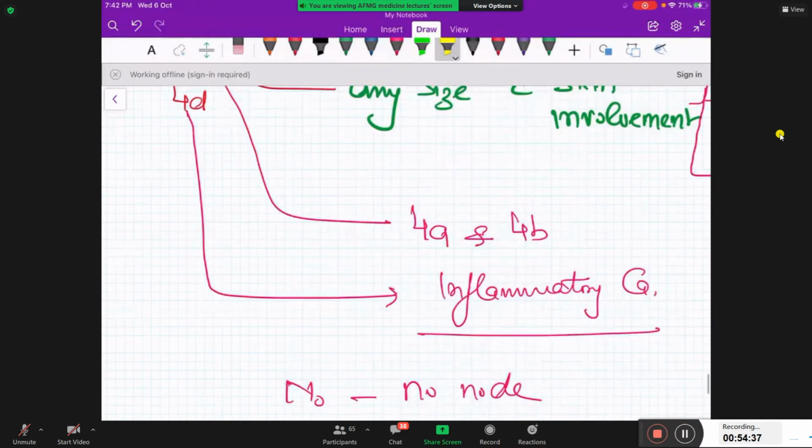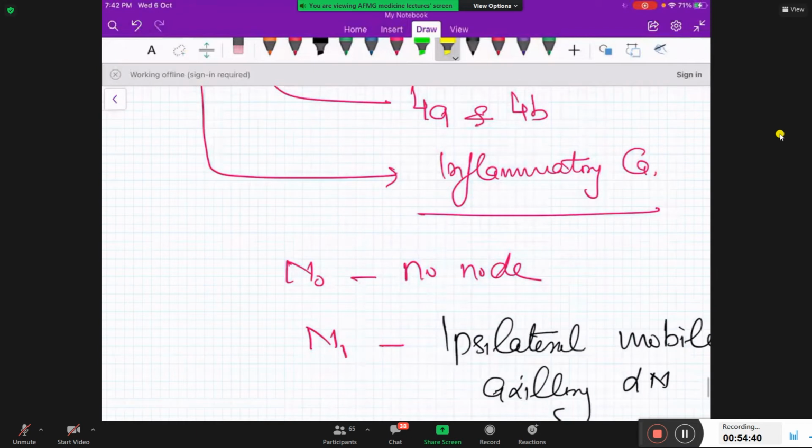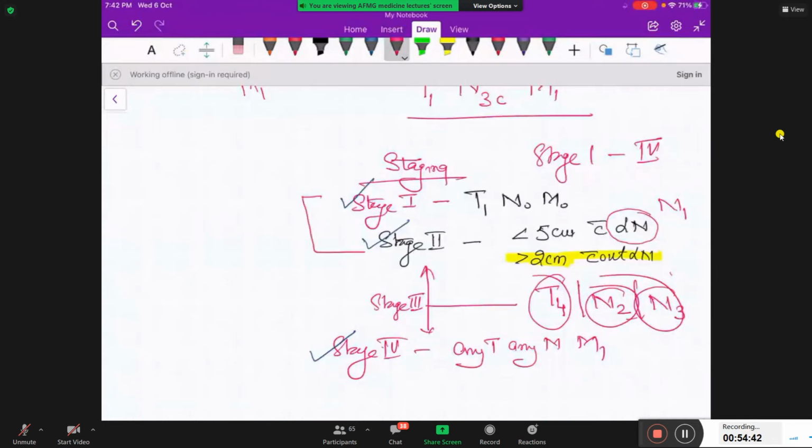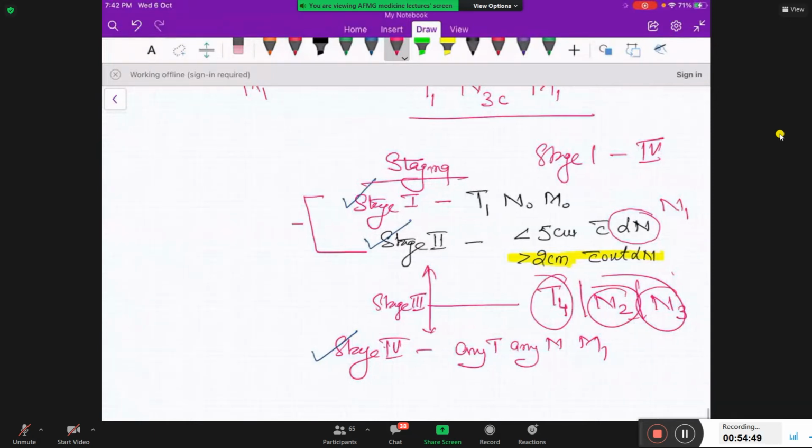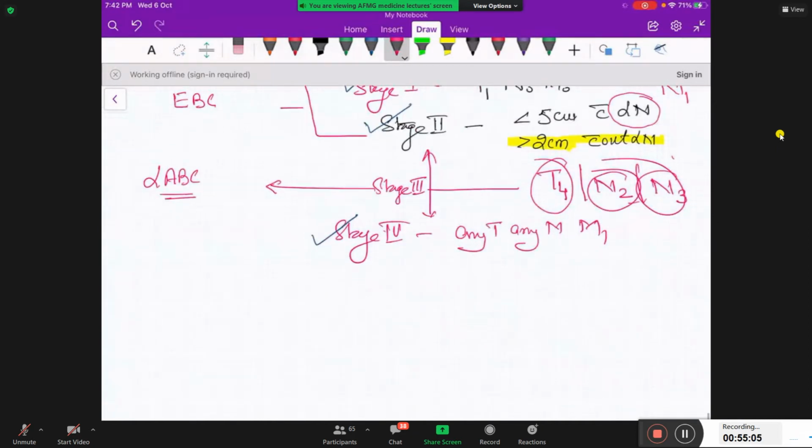Now, this stage 1 and stage 2. This was also one of the question in your exam. Stage 1 and stage 2 is called early breast cancer. Stage 3 is called locally advanced breast cancer.